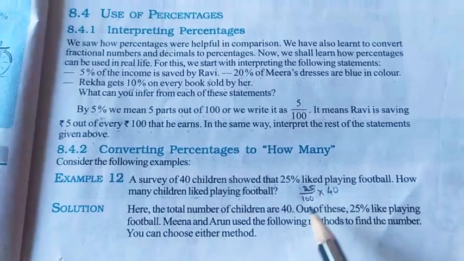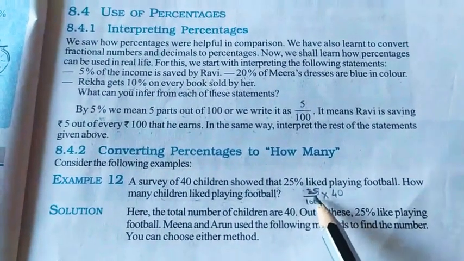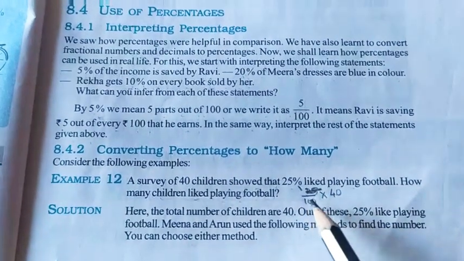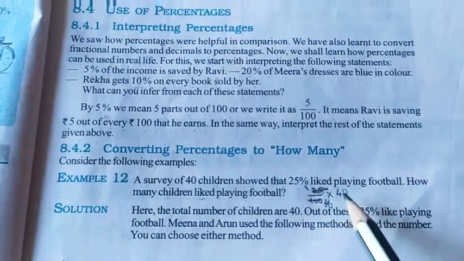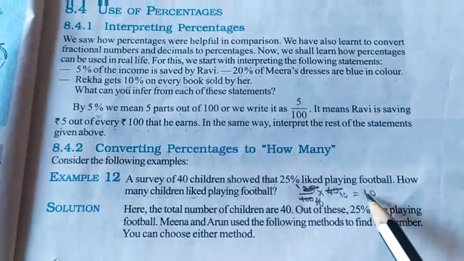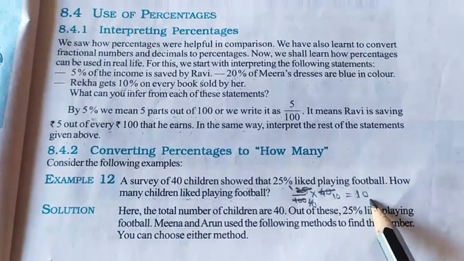In 40, how many will like football? Then you have to write like this: 25 by 100 into 40. So 25 ones are 25, 4 ones are 4, 4 tens are 40. So out of 40, 10 children liked playing football.